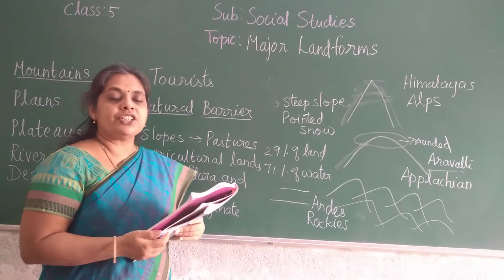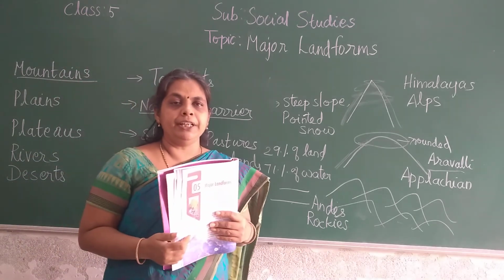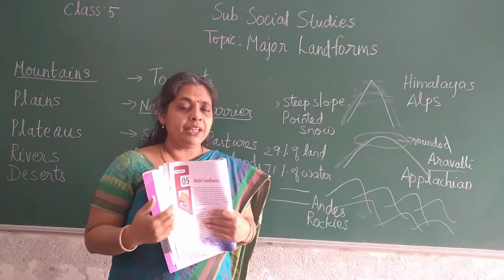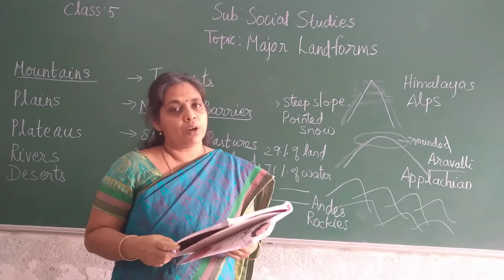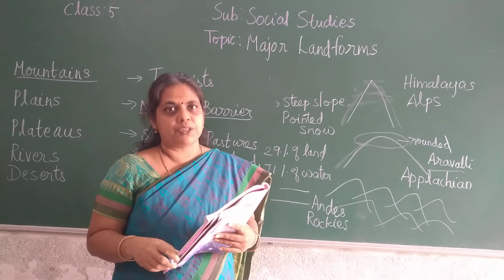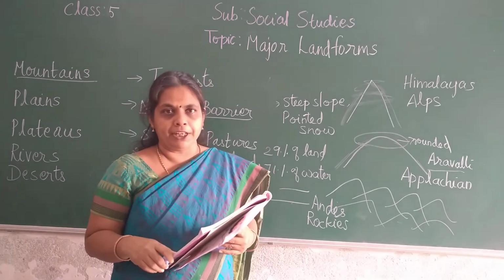And mountains are rich in mineral resources. In India you have many resources, children. One of them is mineral resources like iron ore, bauxite, coal, which you can get from there.